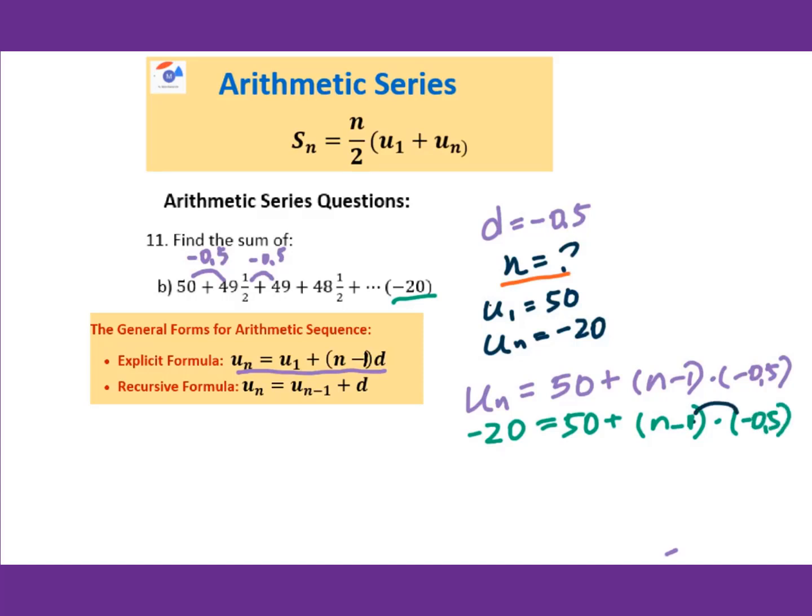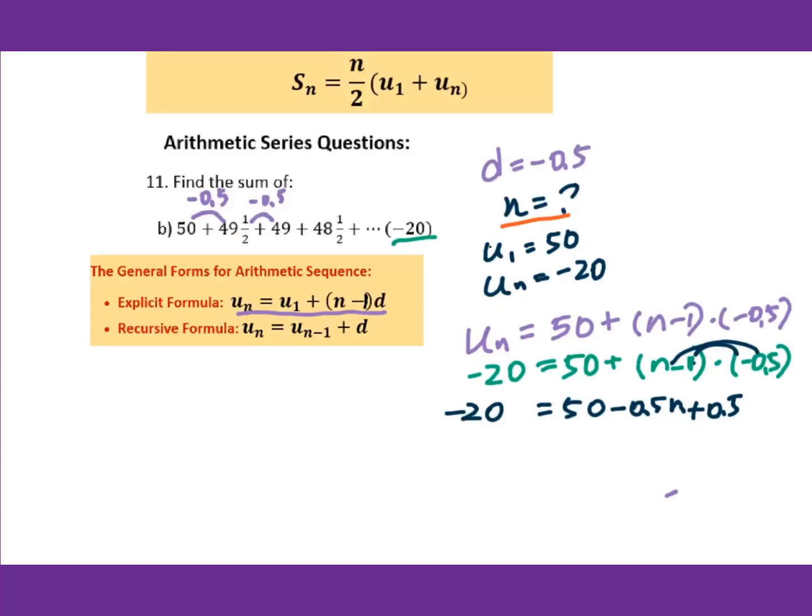You can use the distributive property here. Therefore, 50 minus 0.5n plus 0.5 equals negative 20. This is a linear equation, so isolate the variable on one side. You need to subtract 50 and also subtract 0.5. So we get negative 70.5 equals negative 0.5n.